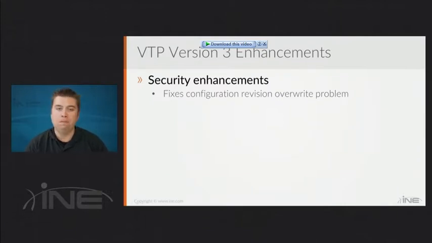So from a practical implementation point of view, what you would normally do in a VTP v3 design is that you can have all of your devices run as VTP v3 servers or VTP v3 clients, and when you want to make a change, you would promote one device to the primary server, make the changes, and then demote them back to the secondary server.